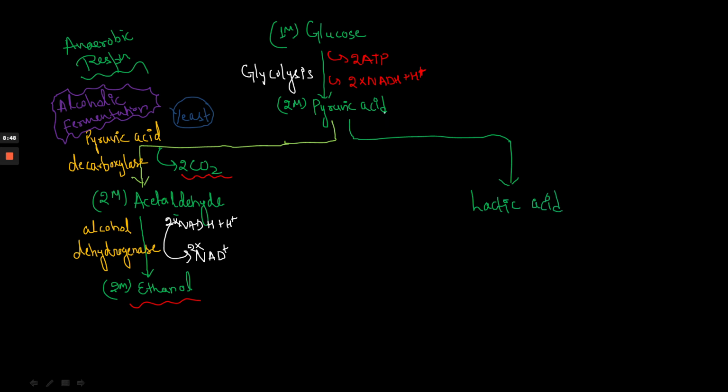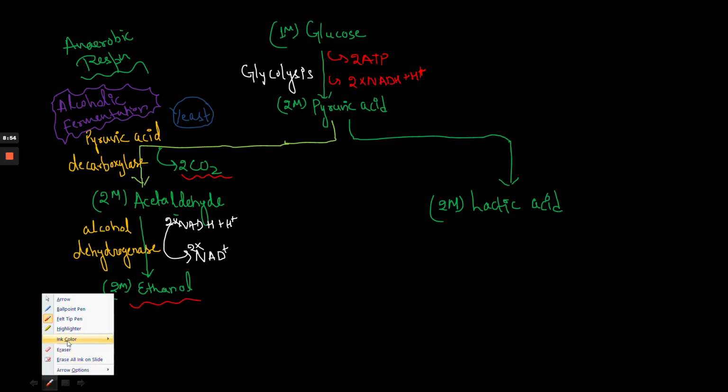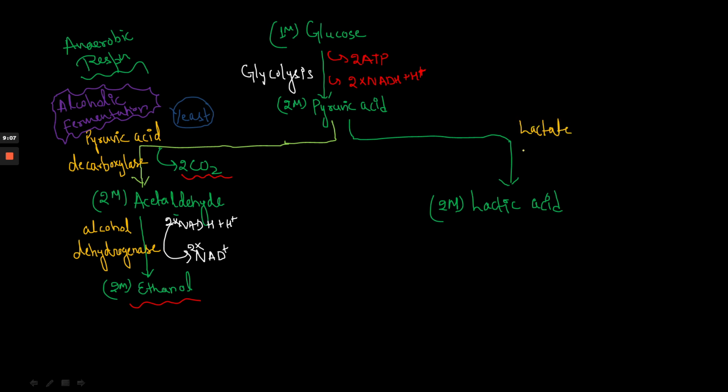So two molecules of pyruvic acid are going to get converted into two molecules of lactic acid, again in the presence of an enzyme. Since lactic acid is being formed here, the enzyme will be lactic acid dehydrogenase, or simply lactate dehydrogenase enzyme.